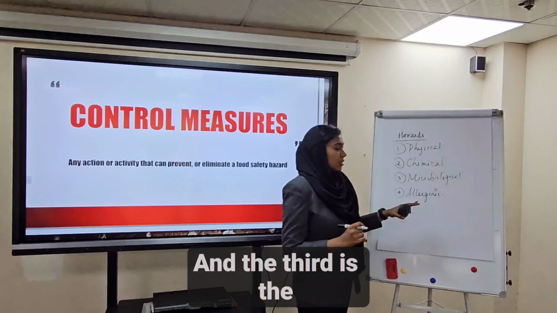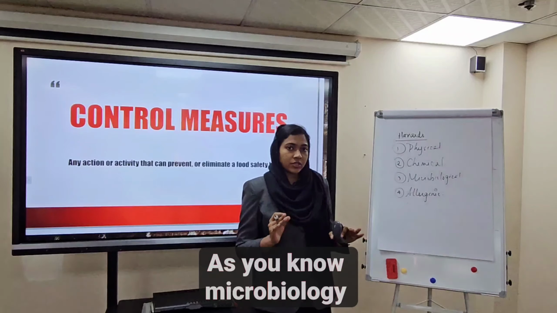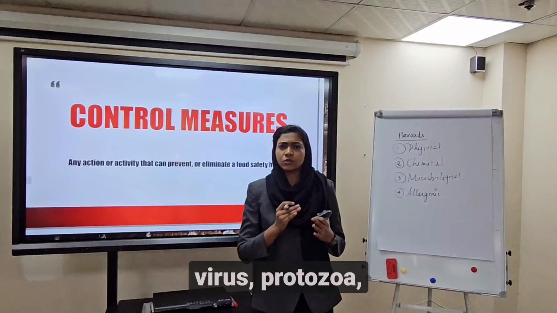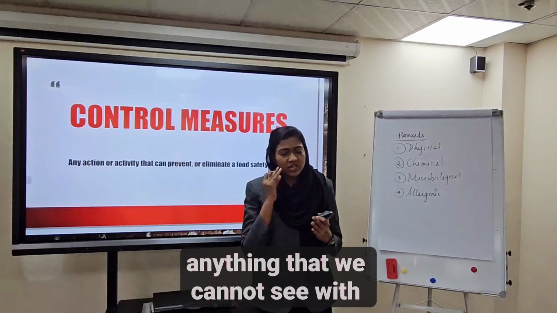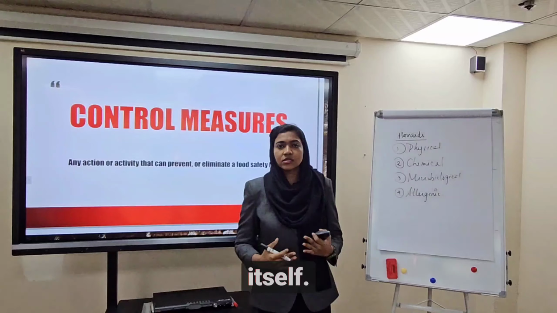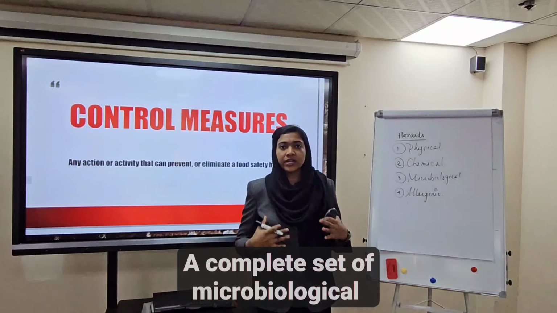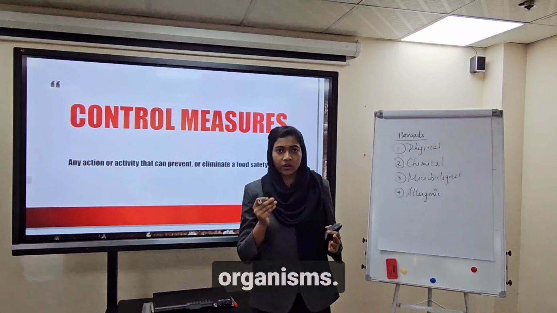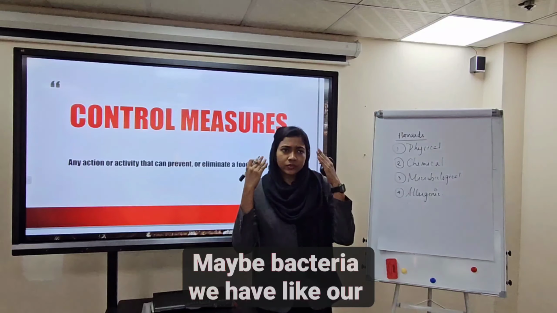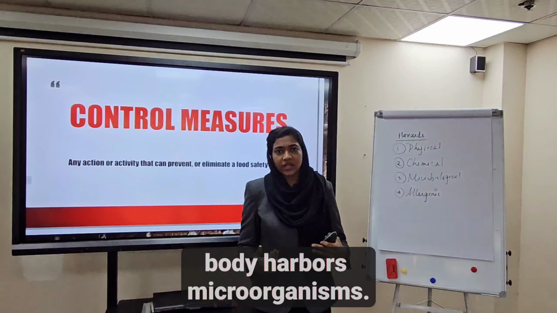And the third is the microbiological hazards. As you know, microbiology means the bacteria, virus, protozoa, anything that we cannot see with our naked eyes. So you know the human body is itself a complete set of microbiological organisms. Our body harbors microorganisms.